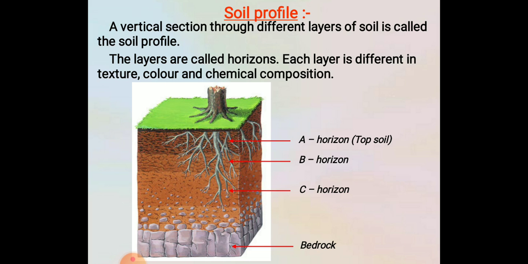Below horizon B, there is horizon C, which is made up of small lumps of broken rocks. And at the lower level, there is horizon D, which is also called bedrock. The bedrock is a solid, non-porous and hard layer of weathered rocks.